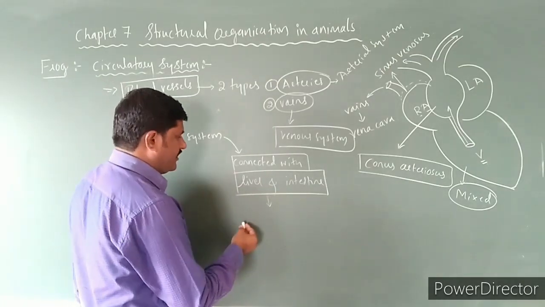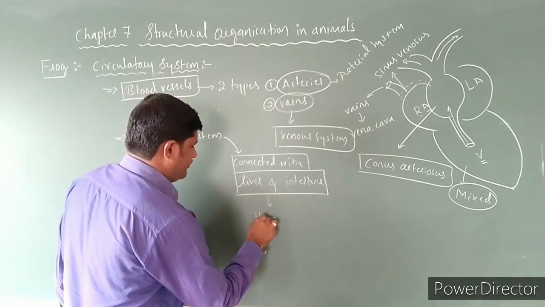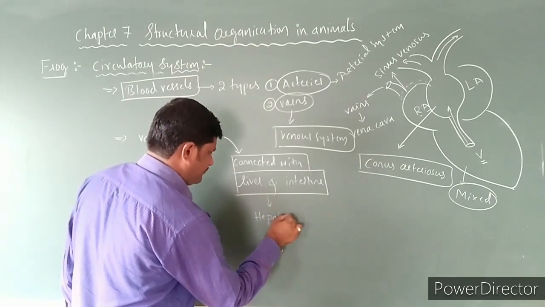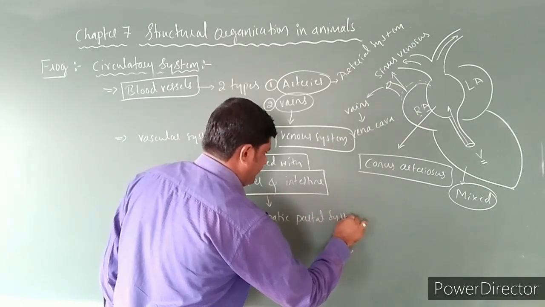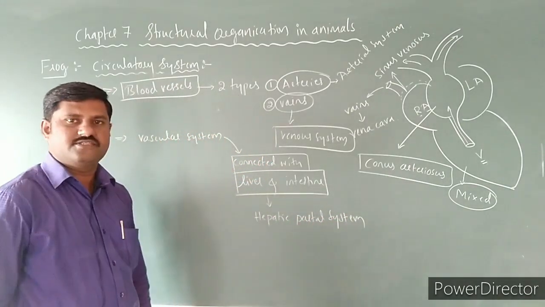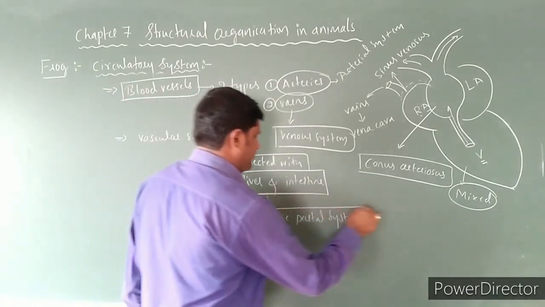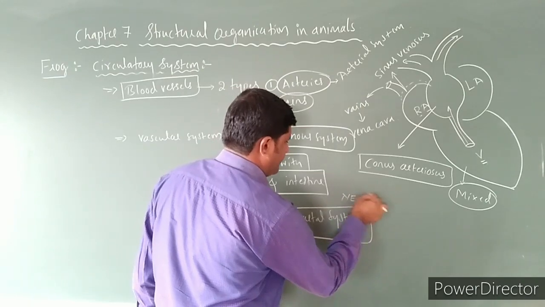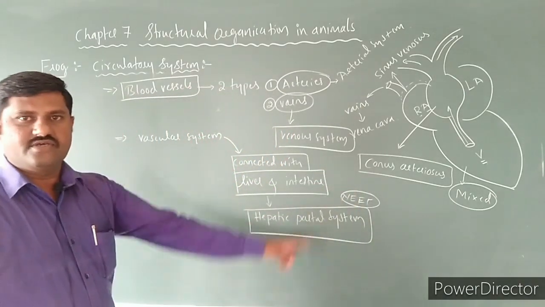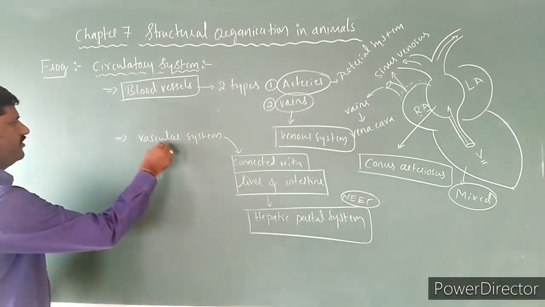What is that system? It is the hepatic portal system. So this is more important for the NEET examination. Remember, okay? So the hepatic portal system is made over here.